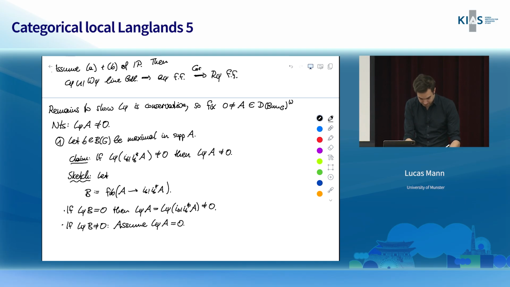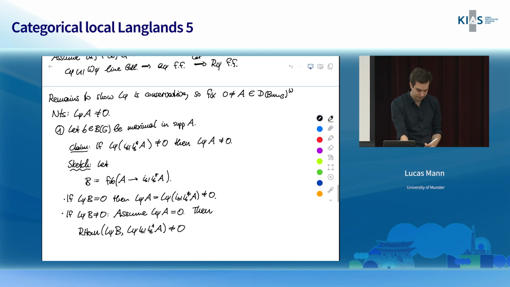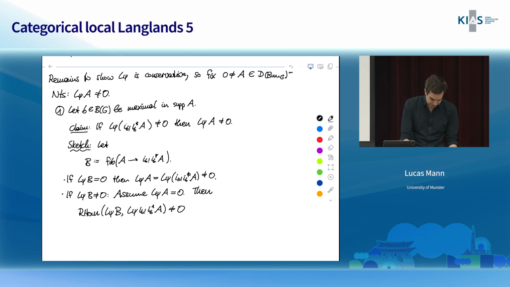Okay, so if we assume this is 0, then something weird happens, because then the RHom from L psi of B to L psi of i_B lower shriek i_B upper star A is non-zero. Because you just look at the fiber sequence up here and apply L psi. Then L psi of A vanishes, so L psi of B and L psi of i_B lower shriek i_B upper star A are equivalent, maybe up to some shift.